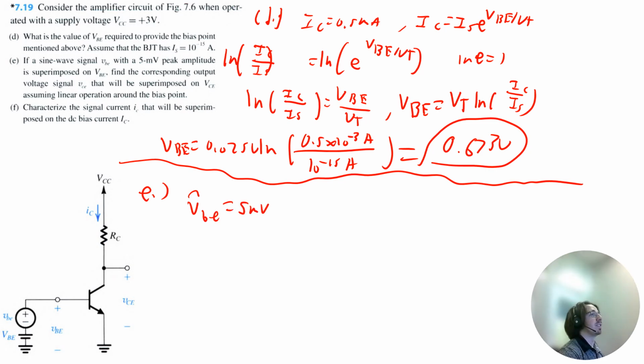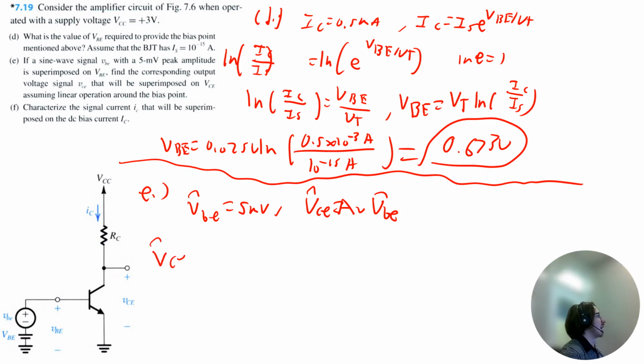And in order to find the peak swing on the output, vce, we can do vce is equal to the gain times the vbe swing. So let's solve for that.